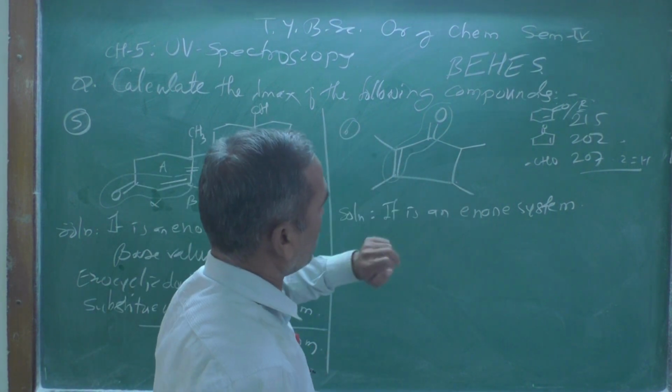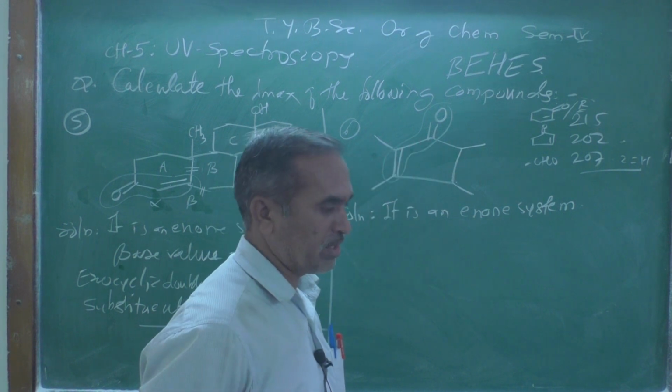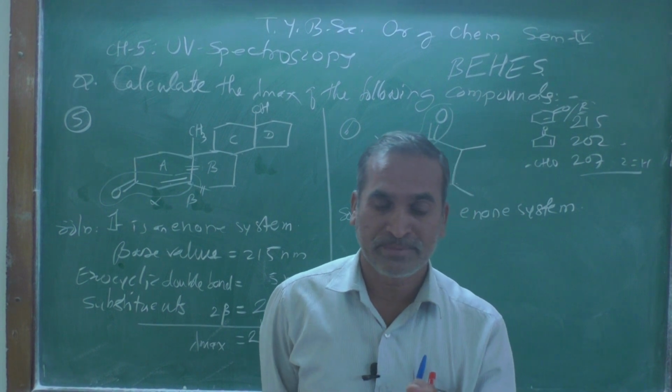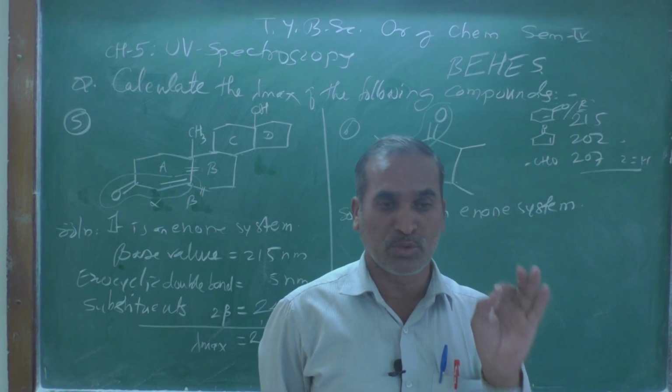If you see over here, this is a 5-membered ring, and once you identify the 5-membered ring, then the base value should be 202.